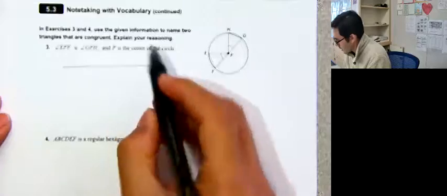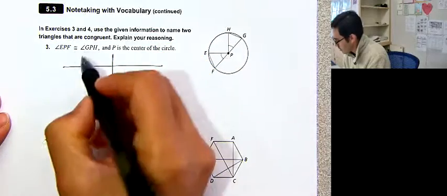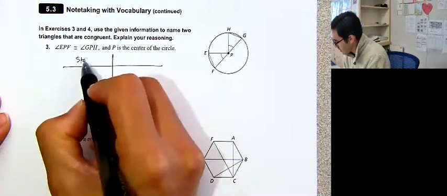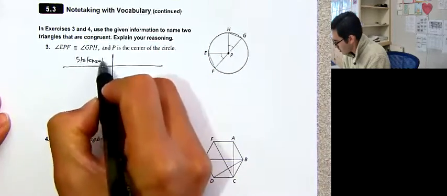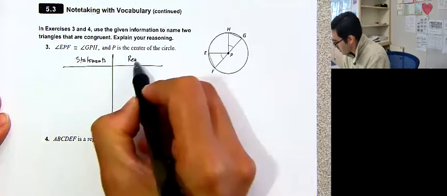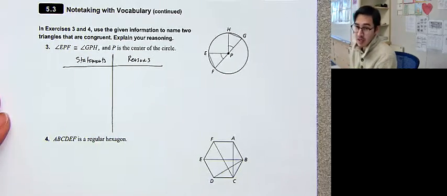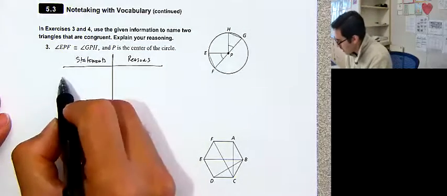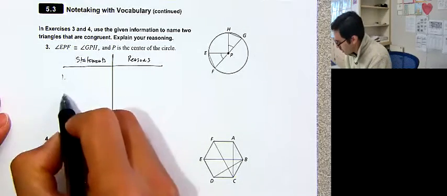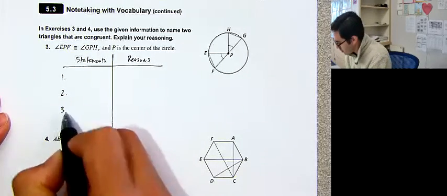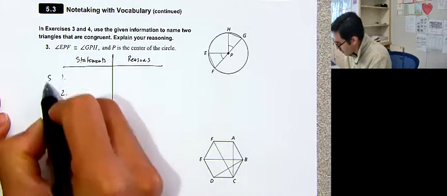So let's go ahead and create our table. We're going to have the statements on the left and the reasons on the right. And then let's number it 1, 2, 3, and 4.